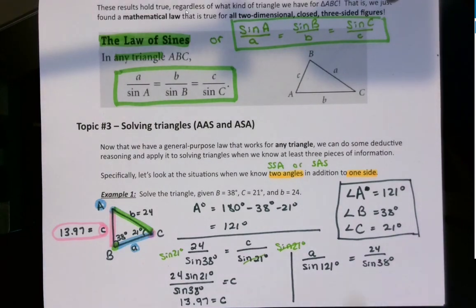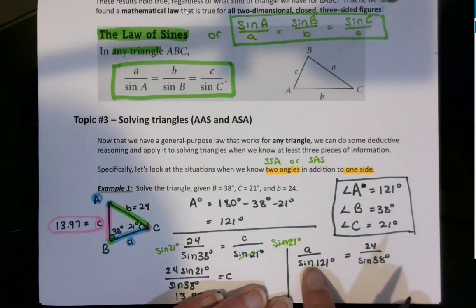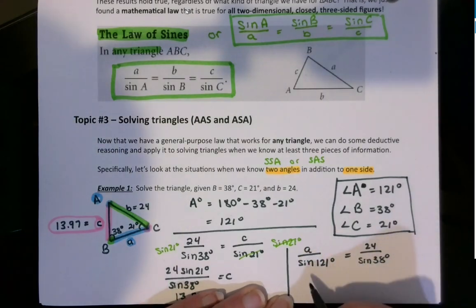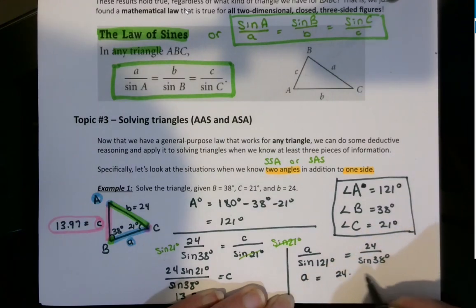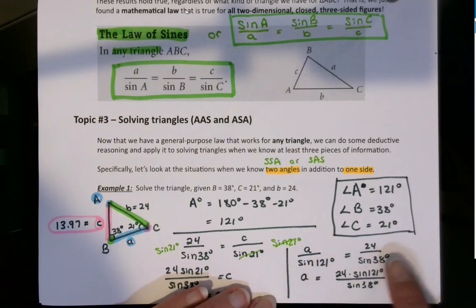Once again, we're going to multiply our denominator over, because this is the side I need to find. So I'm going to multiply the sine of 121 over. So a is going to equal 24 times the sine of 121 degrees over the sine of 38 degrees.